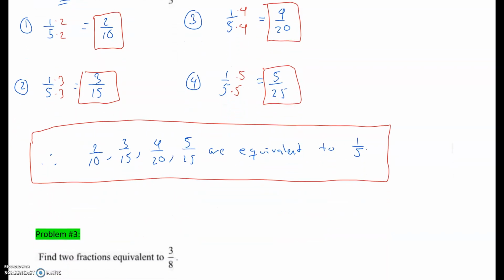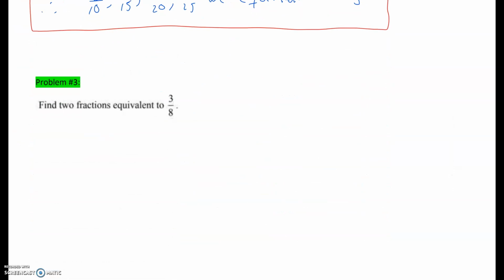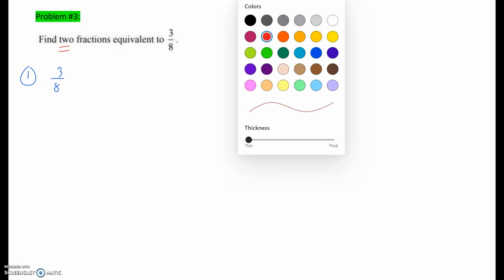Let's take a look at problem 3. And good news on this one, they only want 2 fractions. So let's just say that for the first one, we have 3/8, and I'll multiply times 2, which will give us 6/16.